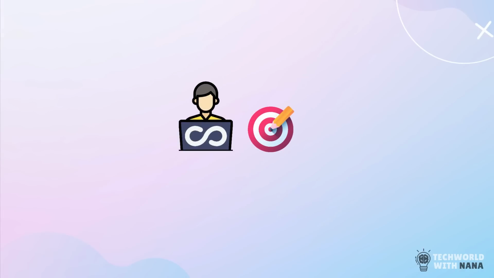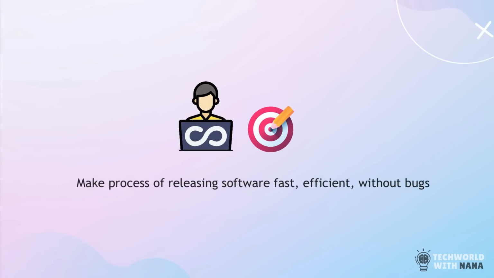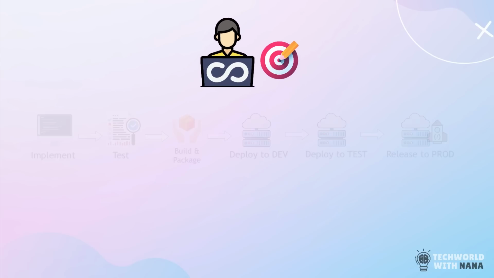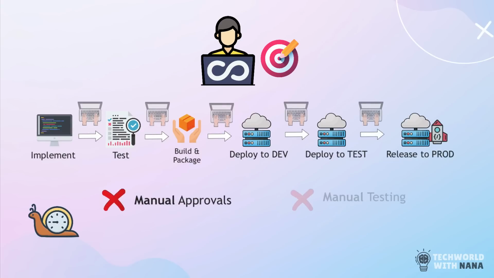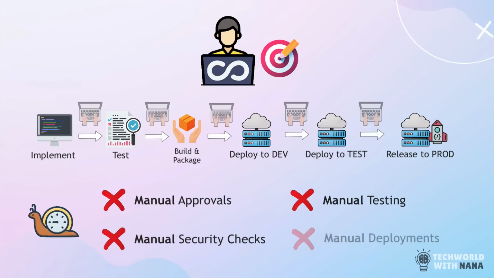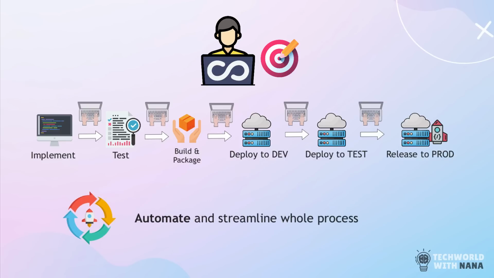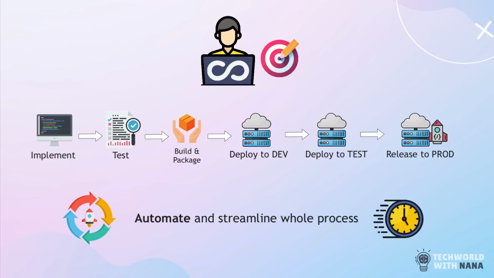DevOps engineer's main objective is to make the process of releasing software fast, efficient, without bugs or issues. And they achieve that by automating this whole process. So instead of manual steps of approving the release, testing the application changes, validating that everything works, or making sure the security is configured, etc., the DevOps engineers automate this whole process so that it's faster without manual human interaction points.